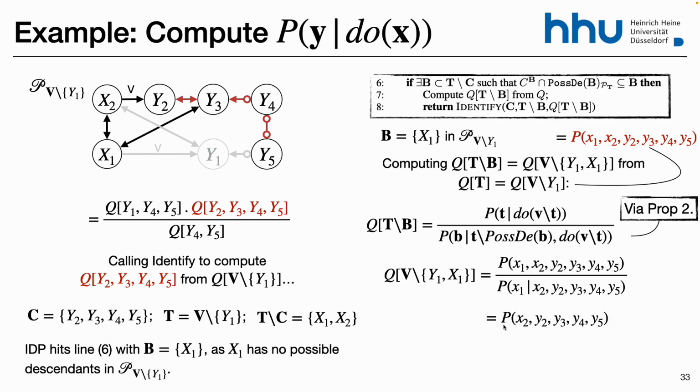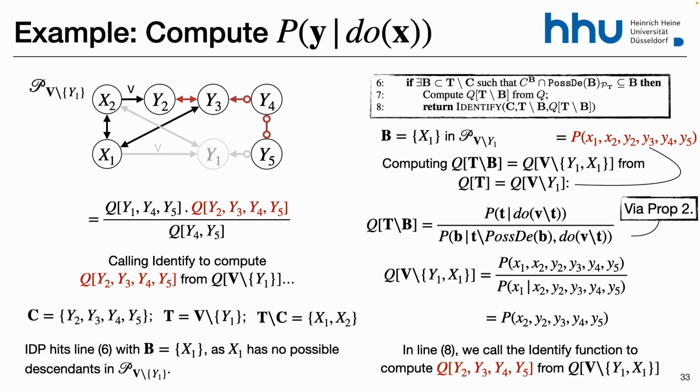So basically it's x1 here, which is b, given everything else of this set of variables. And again, by simplifying, I get just the probability x2, y2, y3, y4, and y5.